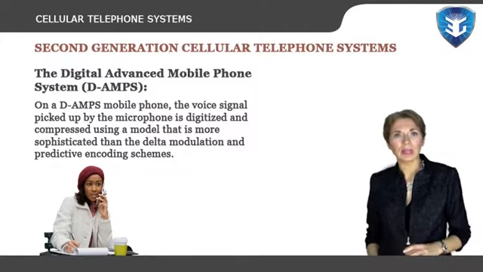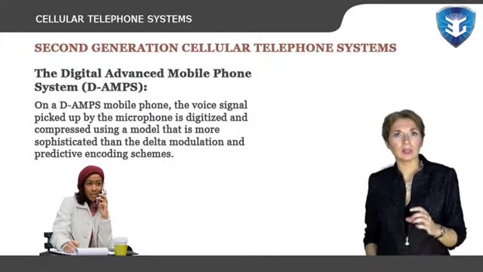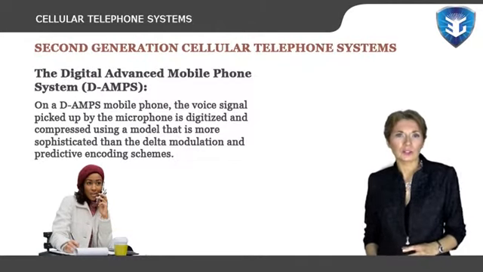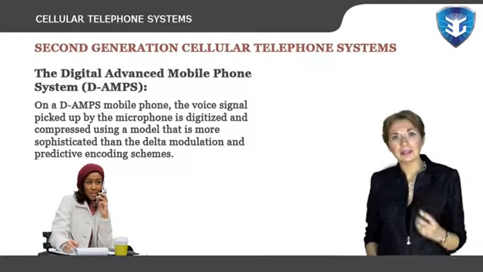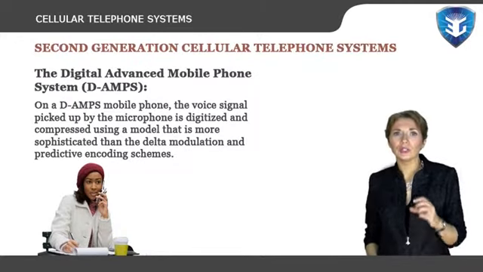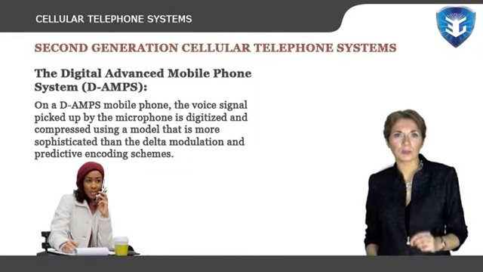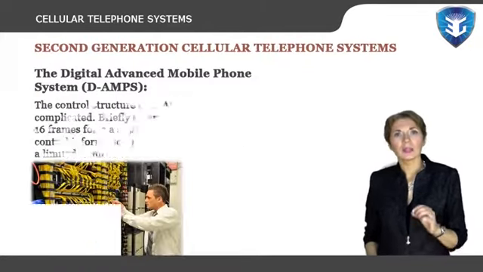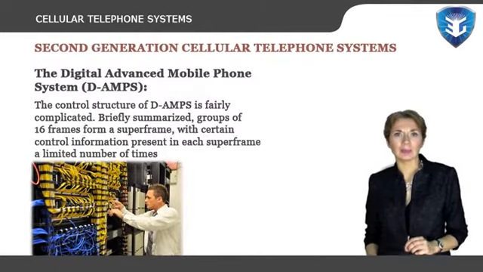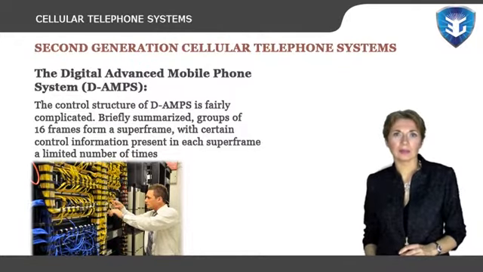With mobile telephony, there is a huge gain from doing digitization and compression in the handset, so much so that in DAMPS, 3 users can share a single frequency pair using time division multiplexing. Each frequency pair supports 25 frames per second, of 40 milliseconds each. The control structure of DAMPS is fairly complicated.